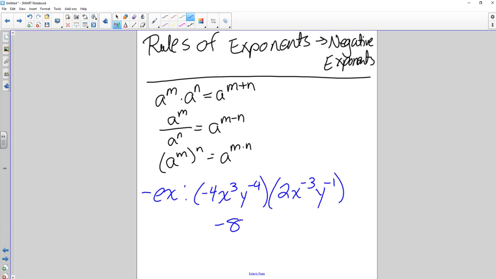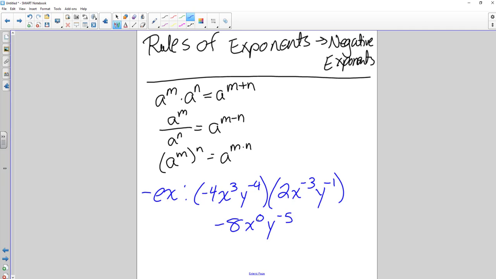Not using the rule on that one. But now the x part. X to the third, x to the negative third. So when I add the exponents, 3 plus negative 3, that's going to be x to the 0. And then y to the negative fourth plus negative 1 would be negative fifth, adding those together.